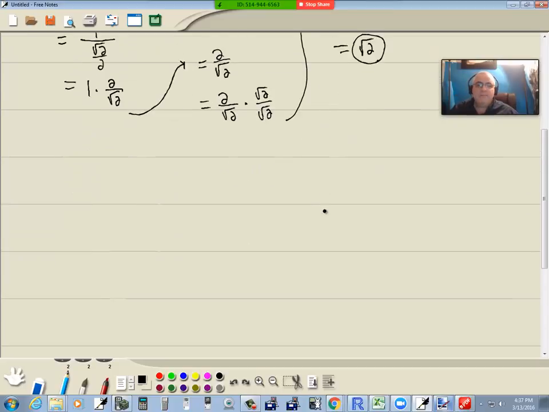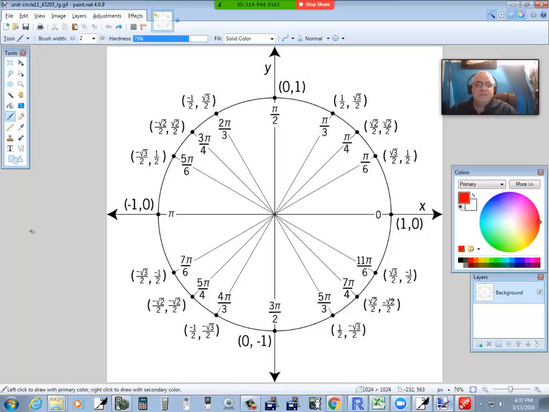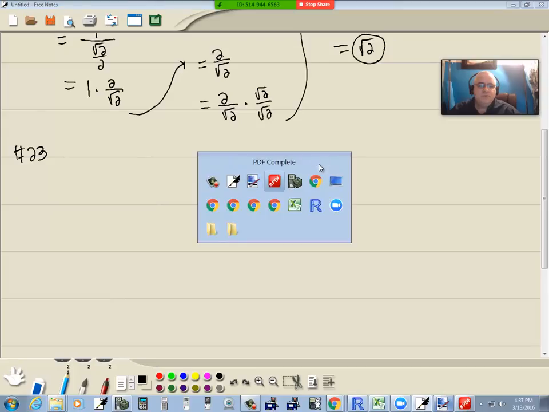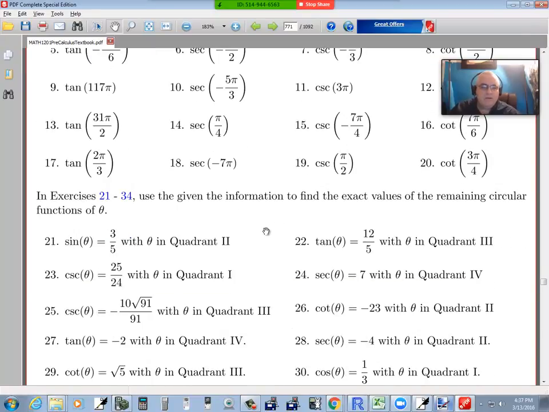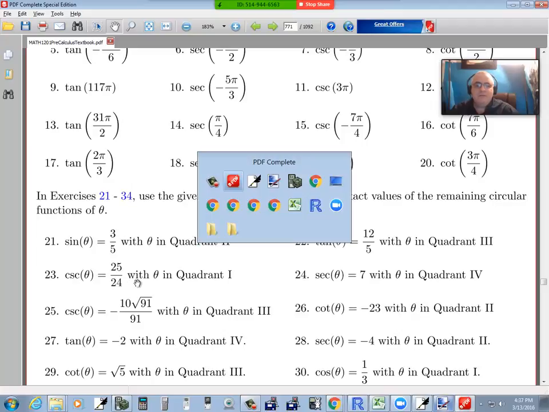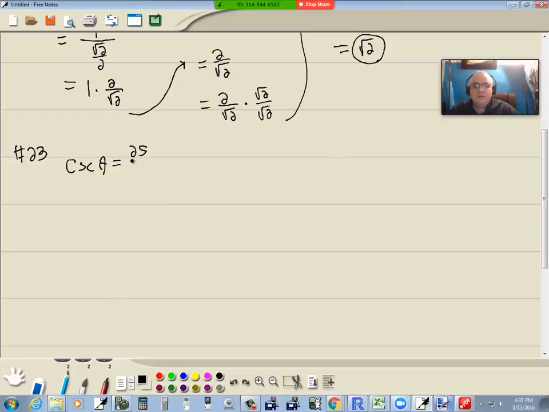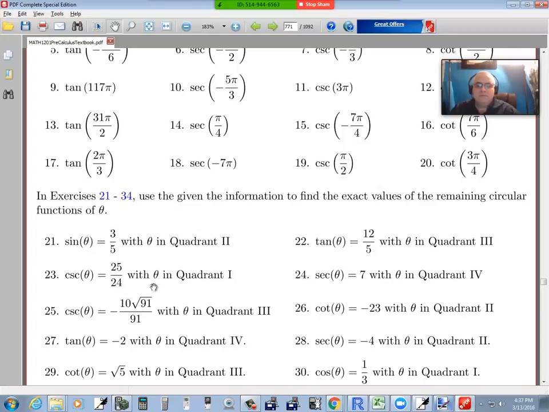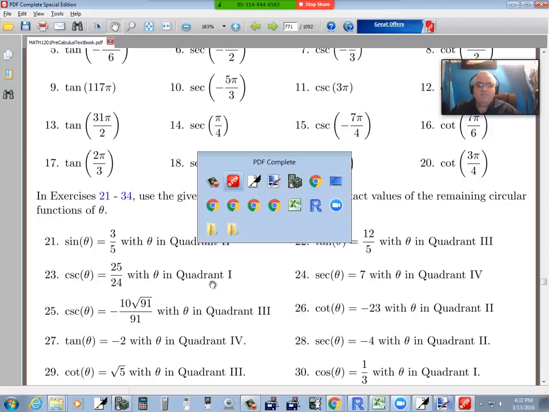Number 23. Oops, 23. Got cosecant theta is equal to 25 over 24, theta in quadrant 1.